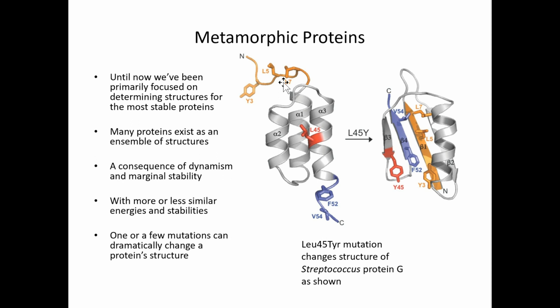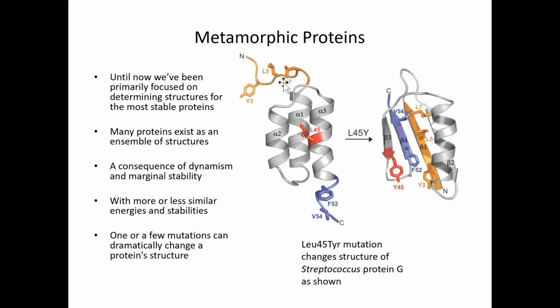And some proteins don't have well-defined structures until they interact with the substrate that they're designed to interact with. So to go down that direction of discussion, many proteins do exist as ensembles of structures. You can have a protein that can dramatically change its structure with small modifications.